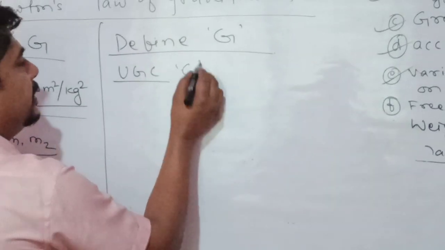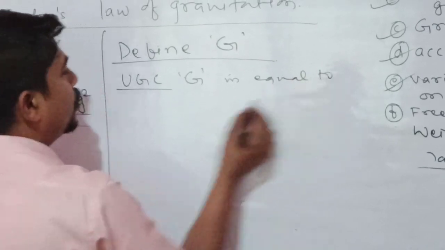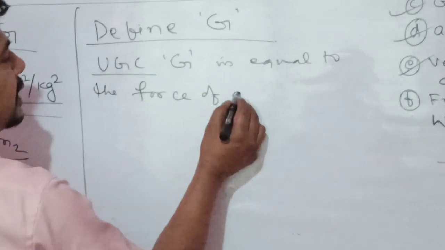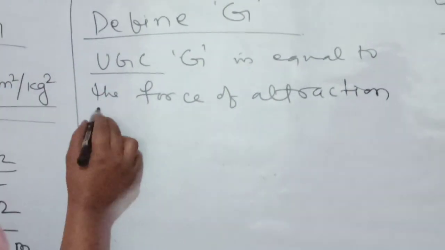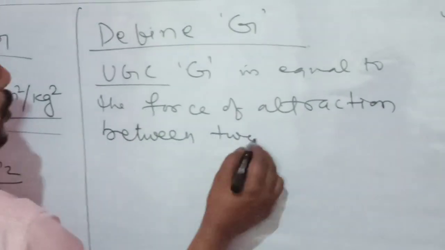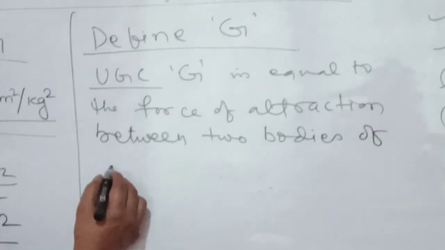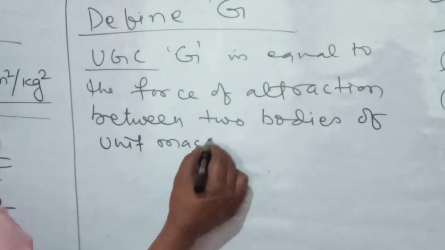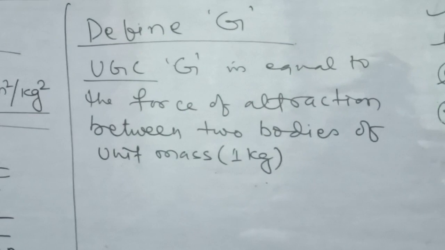G is equal to the force of attraction between two bodies of unit mass. Unit means 1, so unit mass means 1 kg.